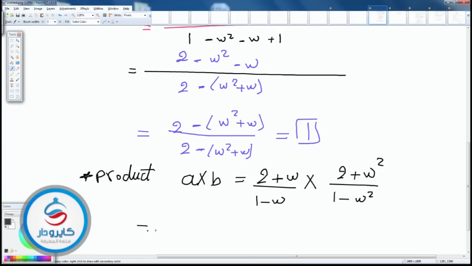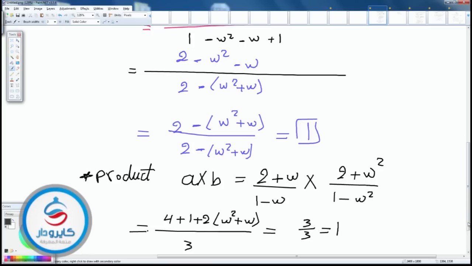It will be 4 plus 1, 2 times omega square, 2 omega square plus 2 omega. Take 2 common factor, it will be omega square plus omega. Also in the denominator, as the previous, equals 3. So we have 4 plus 1, 5, minus 2 equals 3 over 3 equals 1.